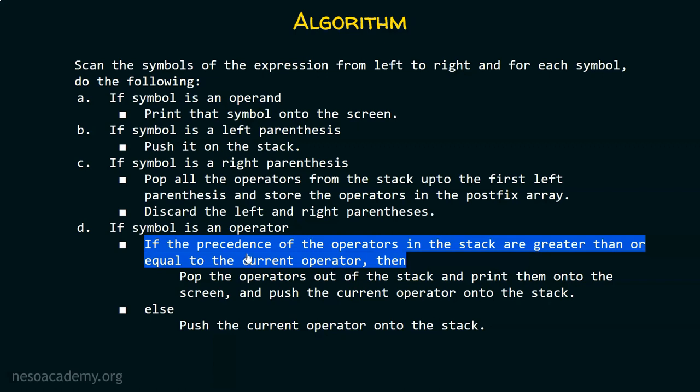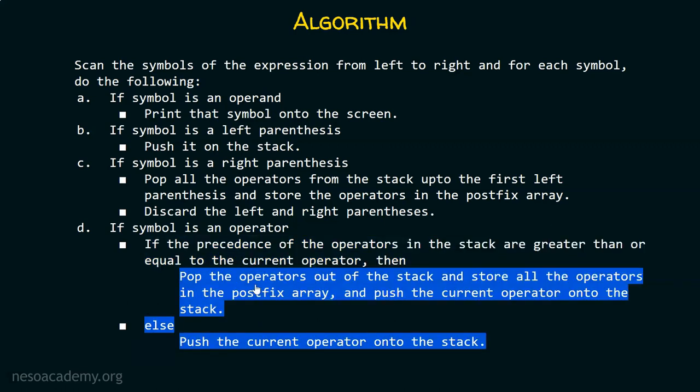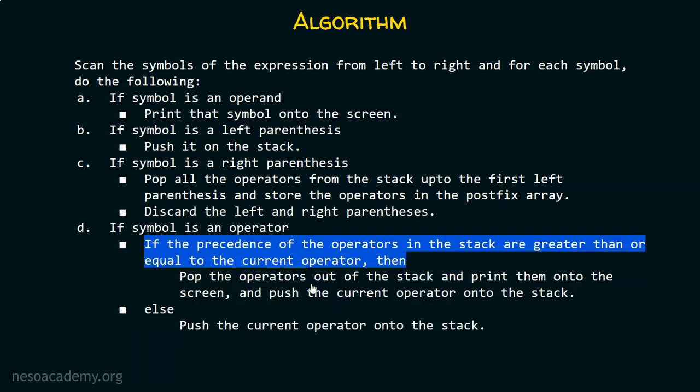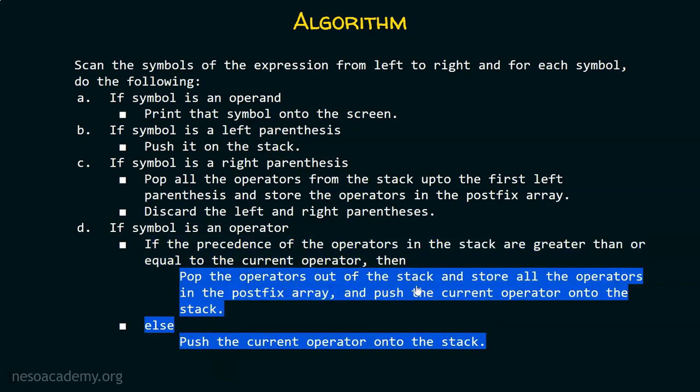If the precedence of the operators in the stack is greater than or equal to the current operator, then pop the operators out of the stack and store all the operators in the postfix array. Previously, we were doing this: pop the operators out of the stack and print them onto the screen. But this time we have to pop the operators out of the stack and store all the operators in the postfix array.